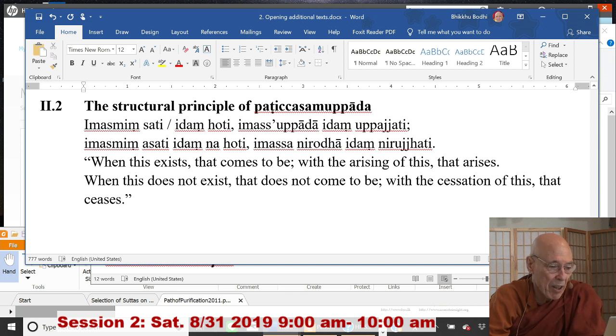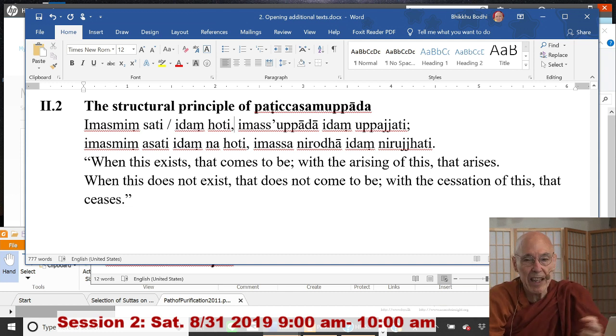Okay, then the second part, imassa uppada, idang uppajjati. So imassa uppada indicates with the arising of this, or through the arising of this, that arises.